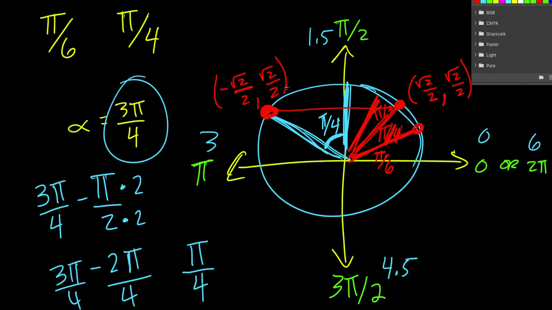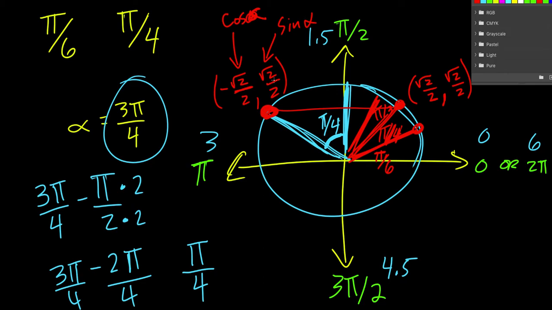And we're trying to find the sine, cosine, and tangent of that. So this is going to be the cosine of alpha. Sorry, they used alpha instead of theta. This is going to be the sine of alpha. And then for tangent, we need to divide, it's y over x.